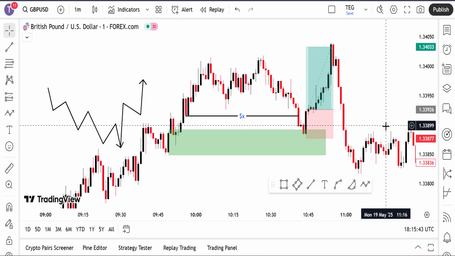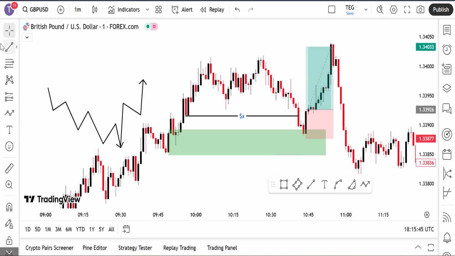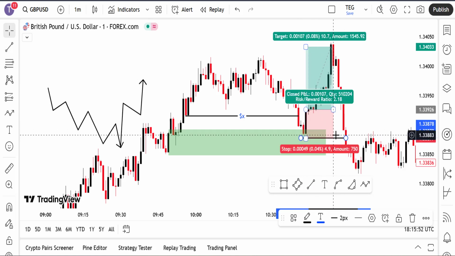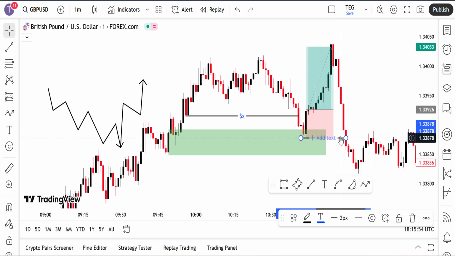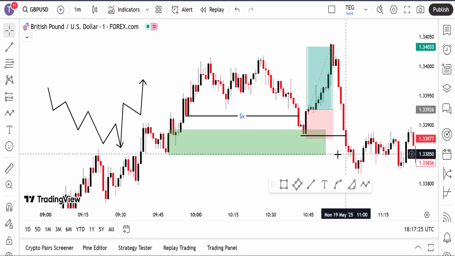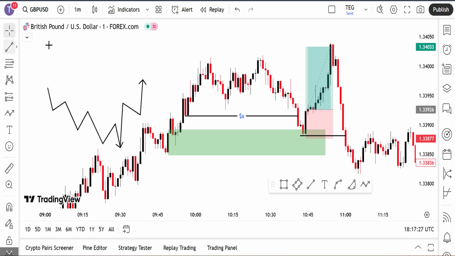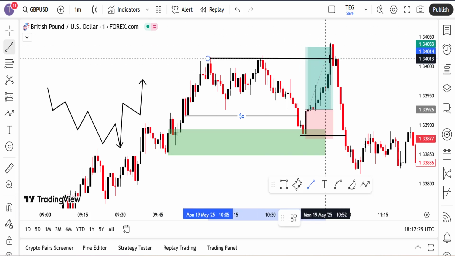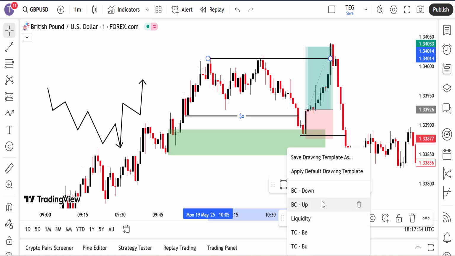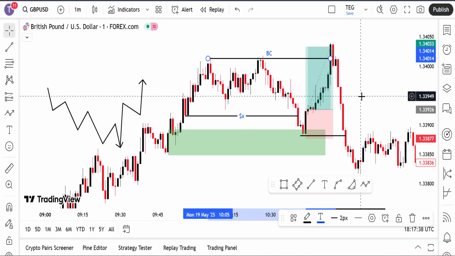What do you do again? Remember, this is an intermittent swing also. So our intermittent swings became bearish. If you notice, remember, this was a bullish trade, which is BC up using the Larry concept.